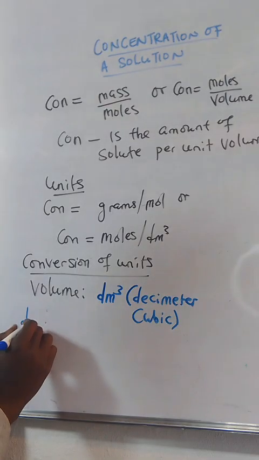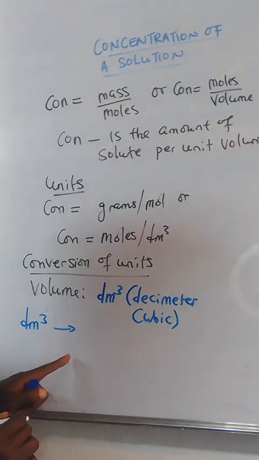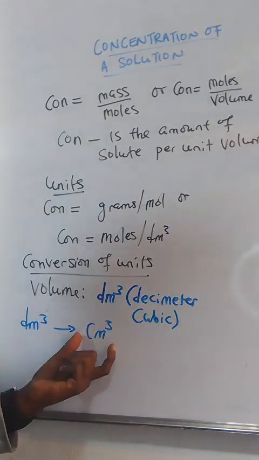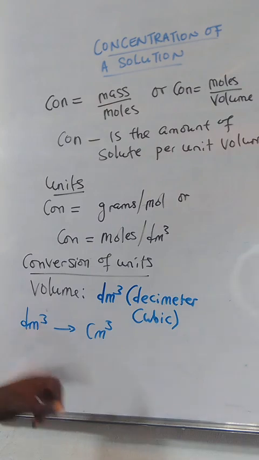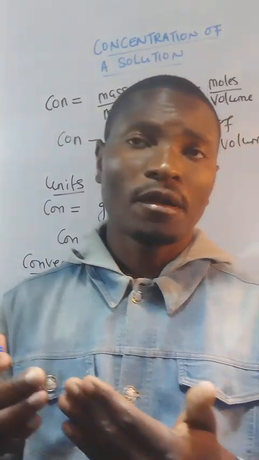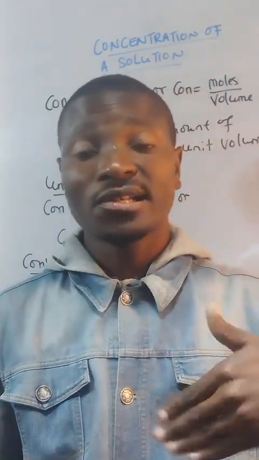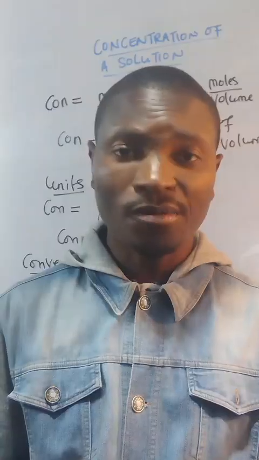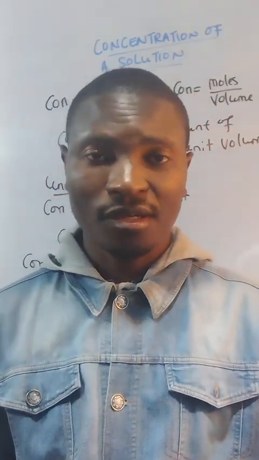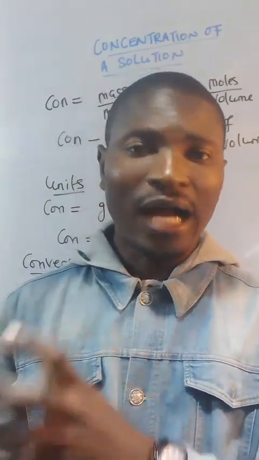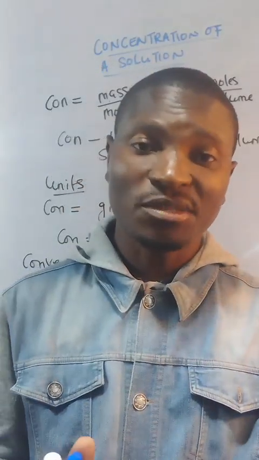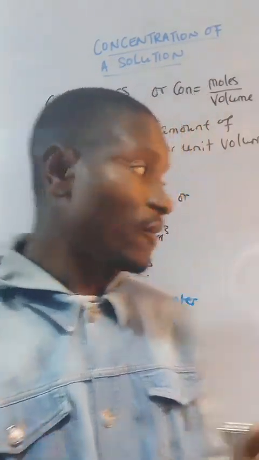From decimeter cubed, we can change to cubic centimeters, but we have to understand what the conversion unit is. In physics we have things like the mass of an object, where we go from kg to grams, or grams to kg. So we have to understand how to convert the units from cubic centimeters to decimeter cubed.